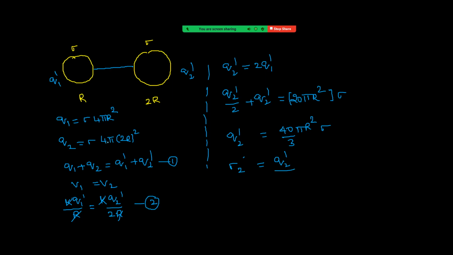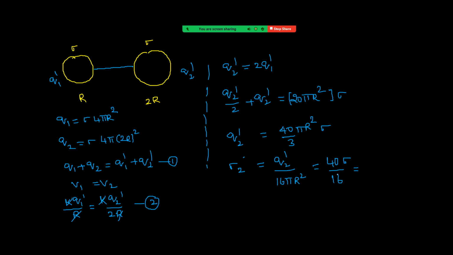Its area is 4 pi into square of 2r, which is 16 pi r square. That is equal to, see how much we get: pi r square gets cancelled. Remaining is 40 sigma upon 16, with the 3 also there.